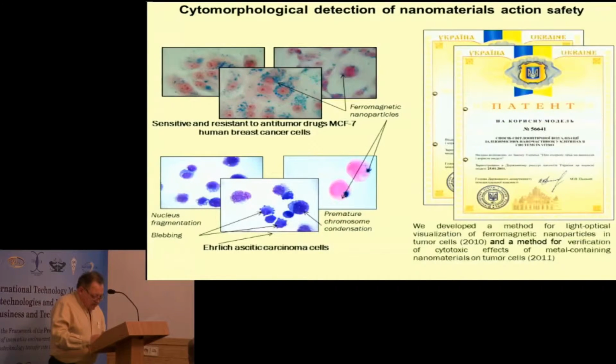It was recorded by the nucleus fragmentation, blebbing, and condensation of chromosomes. Based on these morphological studies, we developed a method of light optic visualization for magnetics, and also a method of verification of cytotoxicity effect on a tumor cell.